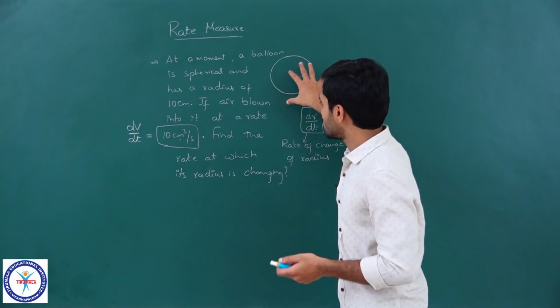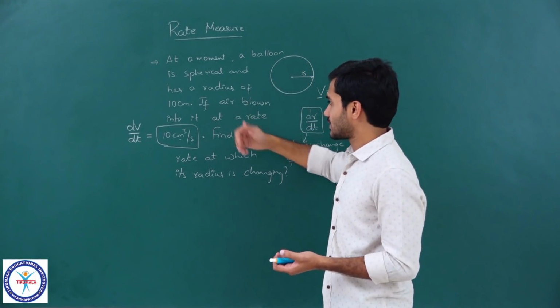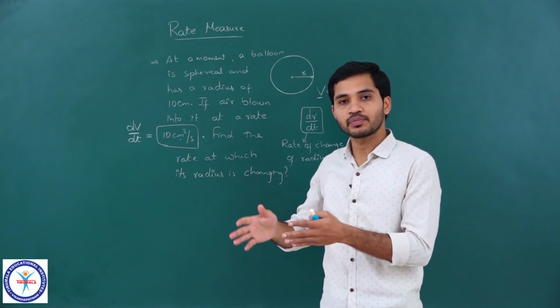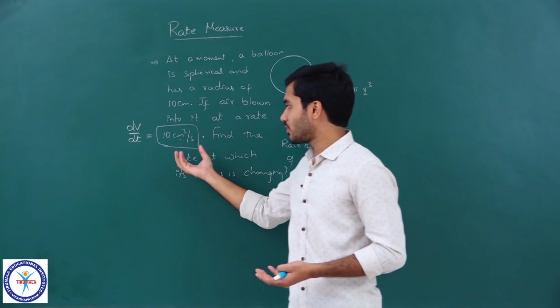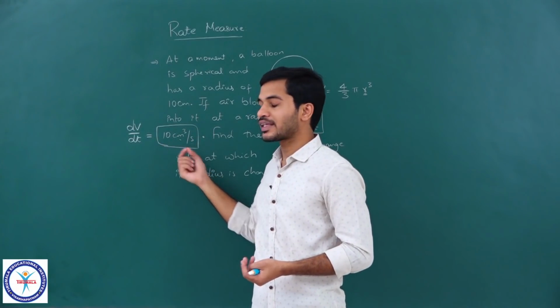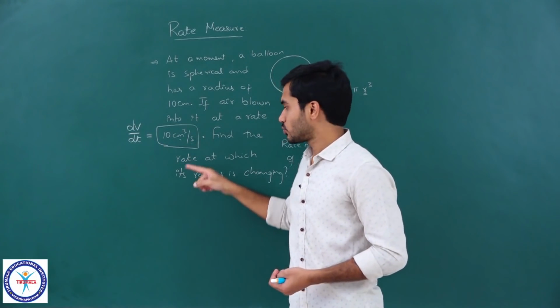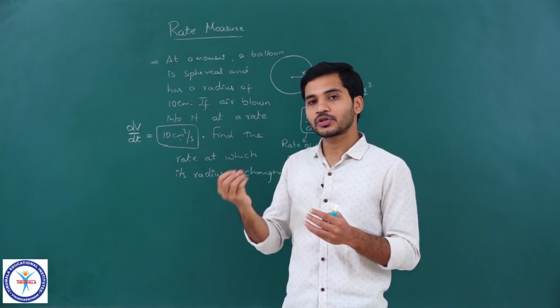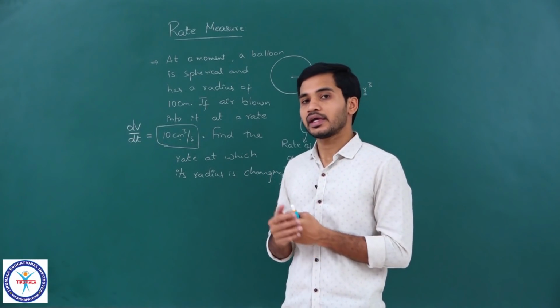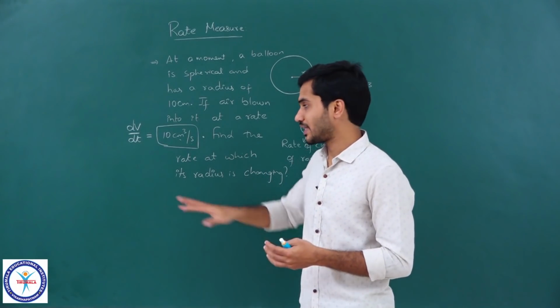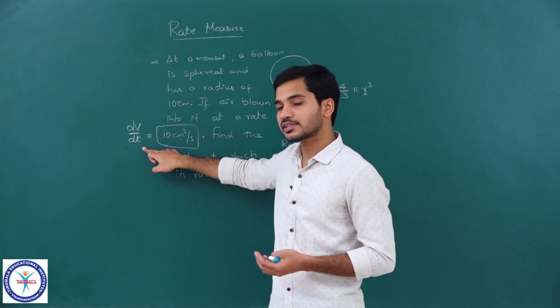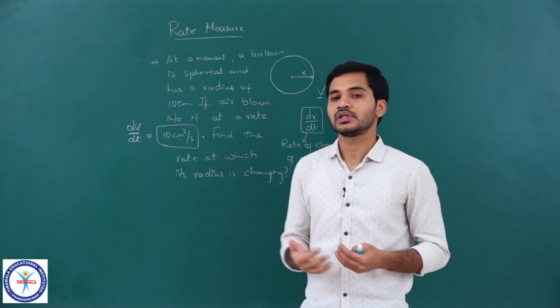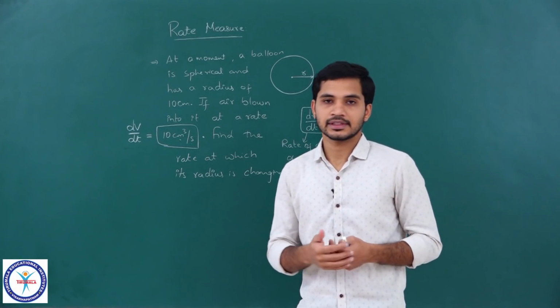We have a balloon of some radius, given as 10 centimeters, and we started blowing air into the balloon at a rate of 10 centimeter cube per second. So, per every second 10 centimeter cube of air is going to enter into that balloon. That is the instantaneous rate at which the balloon's volume is increasing.